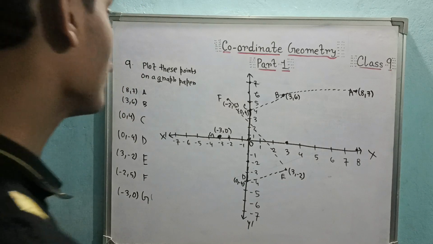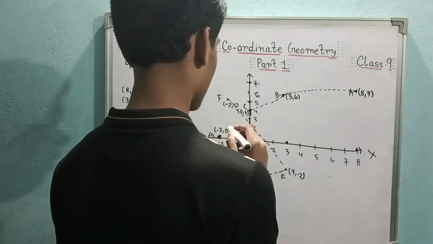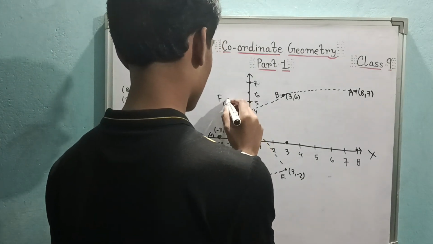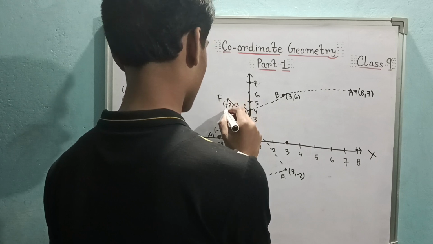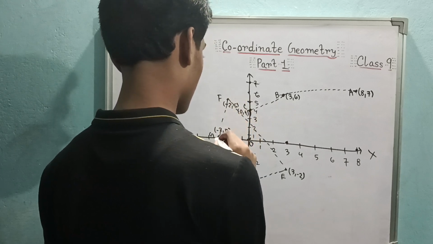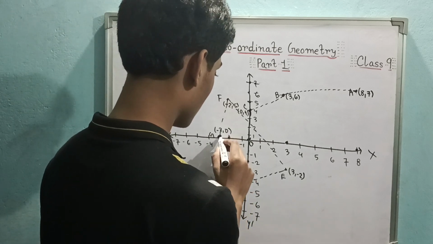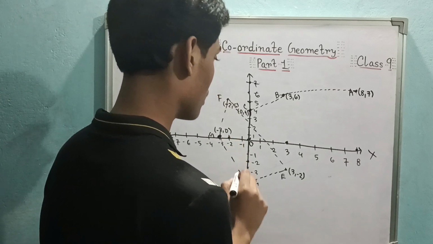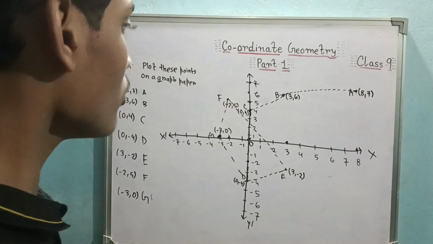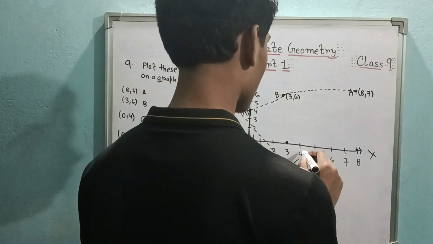Then it goes to G, and what else can we join? GD. So something you will obtain, just join everything.